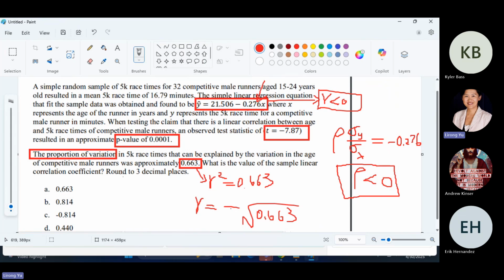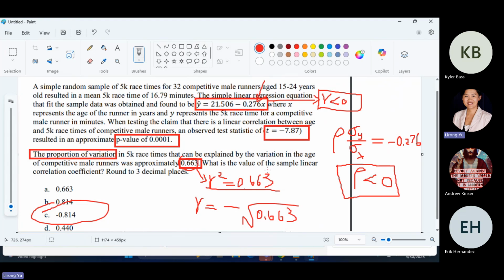Because that coefficient is negative, it has to be a negative correlation between age and time. So C would be the answer. It is the negative square root of, this is actually the coefficient of determination, R squared.